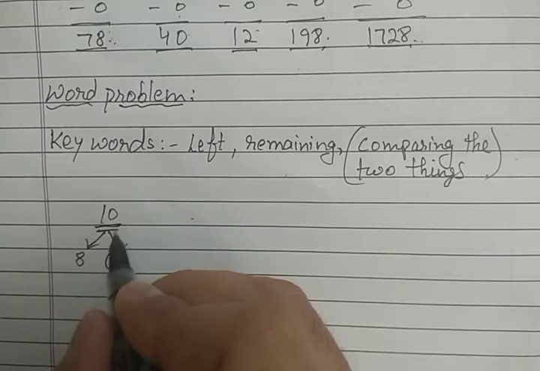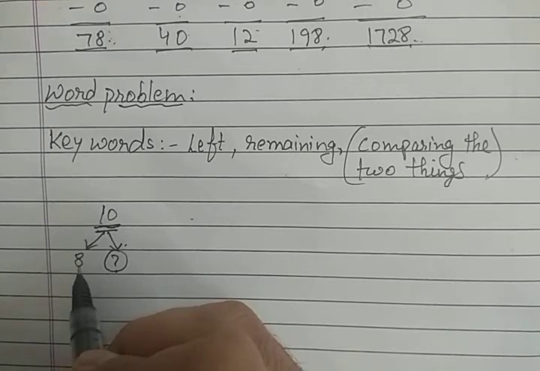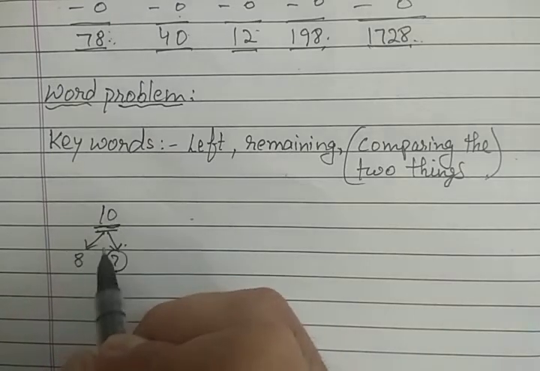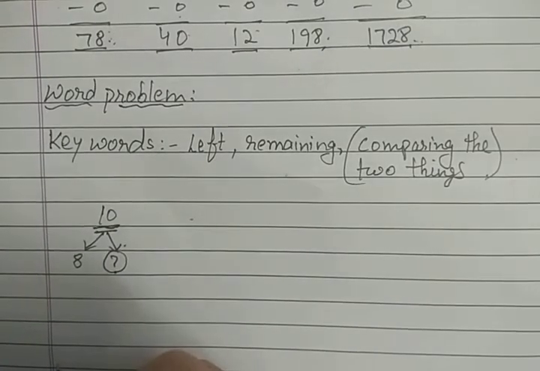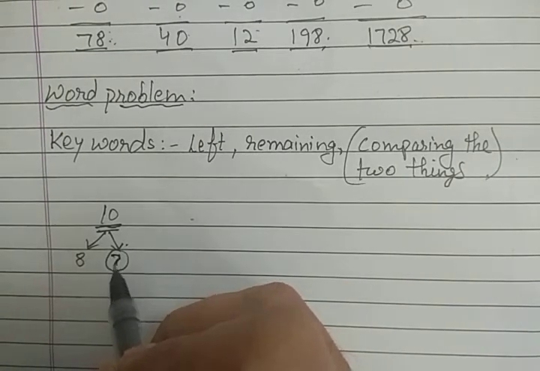So what will you do? Here the total number of chocolates you have is 10 and the number of dairy milk chocolates is 8. So what is the number of Kit Kat chocolates? Yes, 2. Now how do you find out?